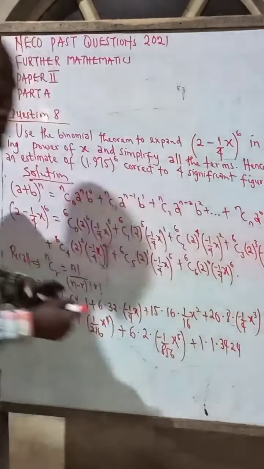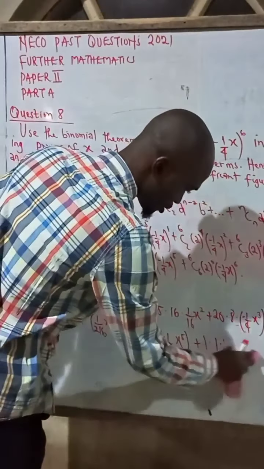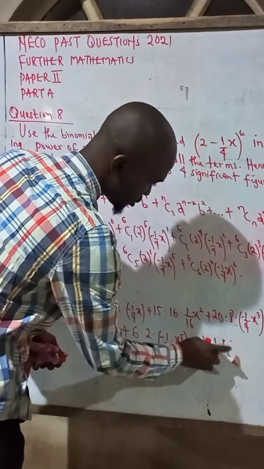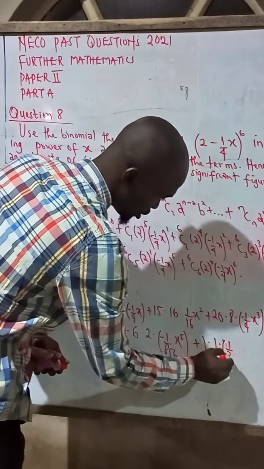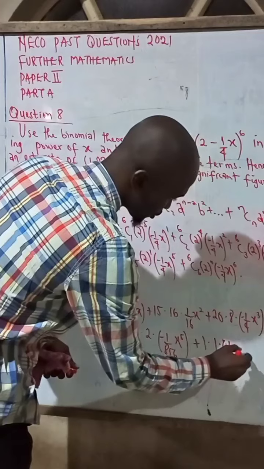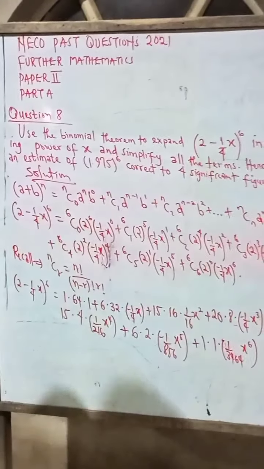Oh, excuse me, that's 1 all over 3424. It's going to be positive because the power is even, 1 all over 3424x raised to the power of 6.